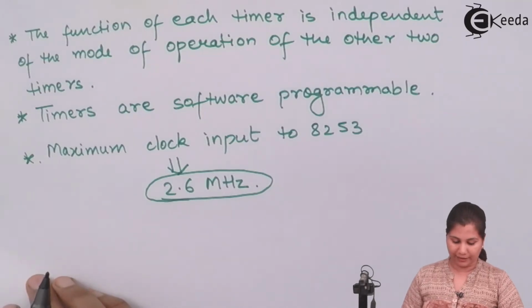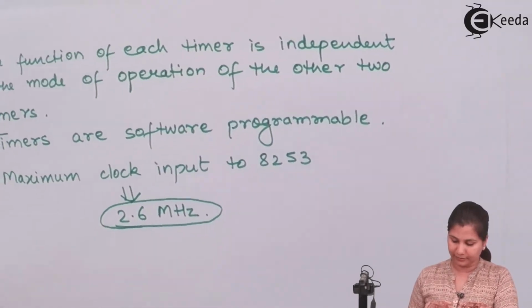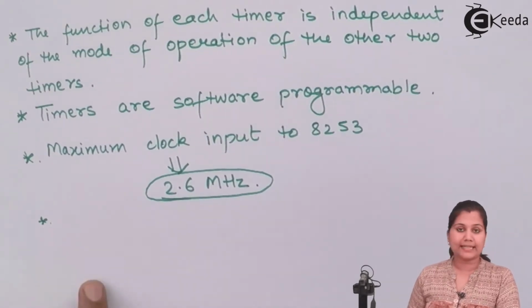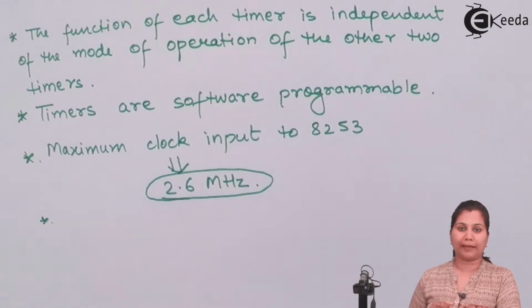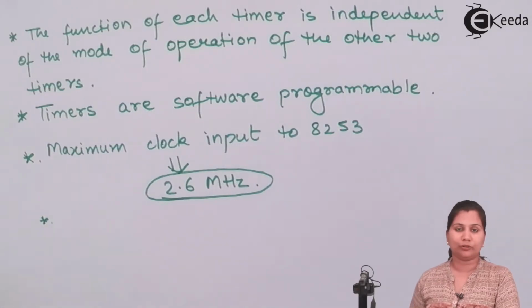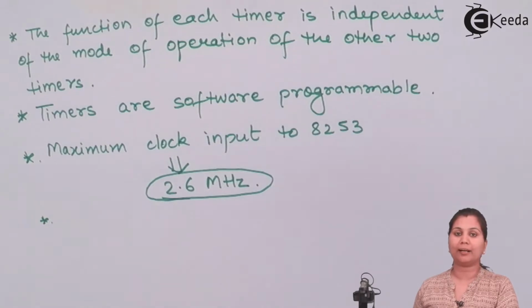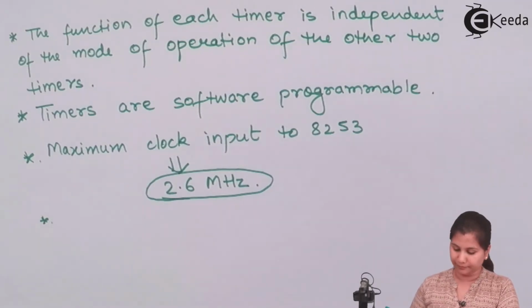Next we have the feature that these 8253 timers work in association with the microprocessor. Every microprocessor will be different, we can have 8-bit, 16-bit and 32-bit microprocessors. The 8253 and 8254 are compatible with almost all types of microprocessor.